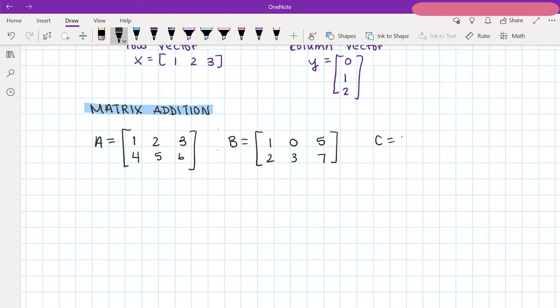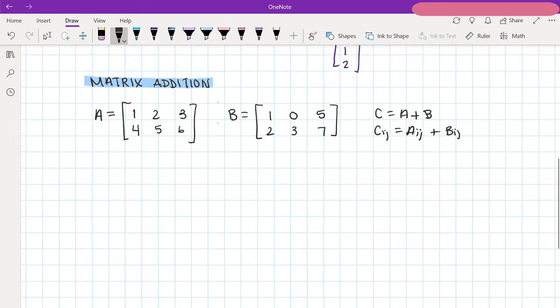We're going to call C the addition of A and B. So any entry in C, say Cij, is equal to Aij plus Bij. So C11 is equal to A11 plus B11. As you can see in the example, C11 is equal to A11 plus B11, so that's 1 plus 1.